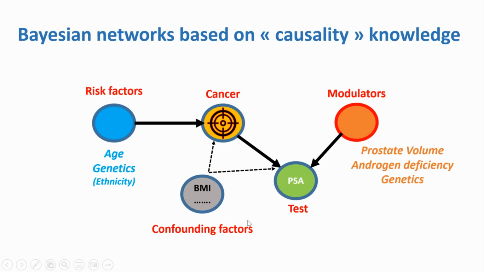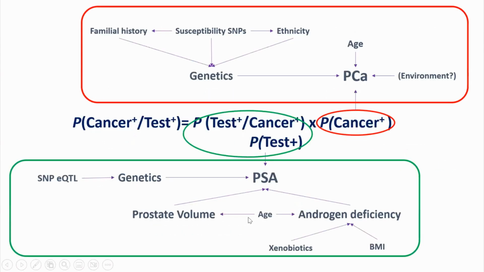We see also confounding factors in this model. In order to clarify, it is easy to define the factors which increase prostate cancer prevalence, and we have other factors which change the accuracy of the prostate-specific antigen test.